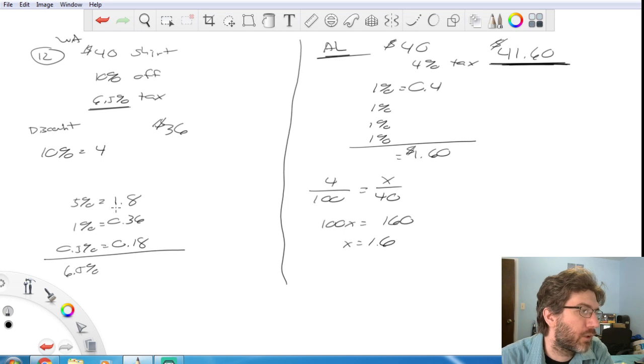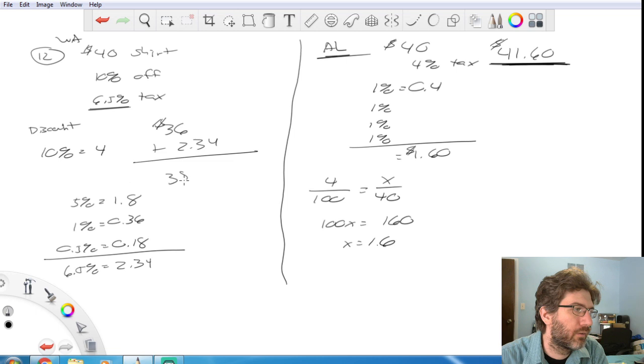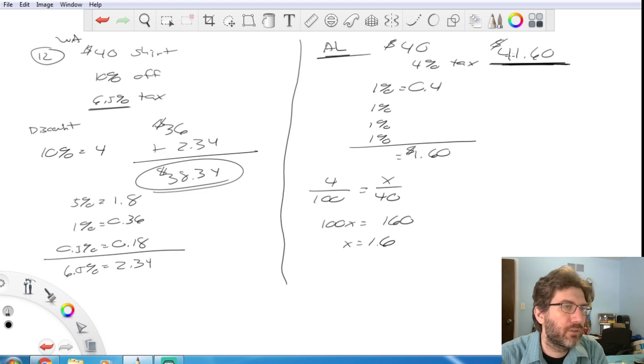So we know these are going to work. 1.8 plus 0.36 plus 0.18 equals 2.34. Add that to here, and you get the price. So you're comparing this price to this price. This is cheaper.